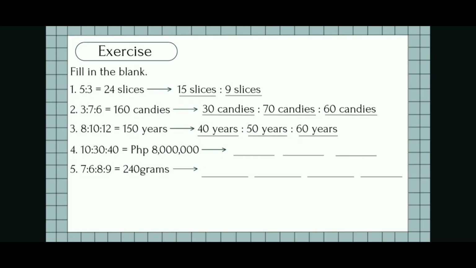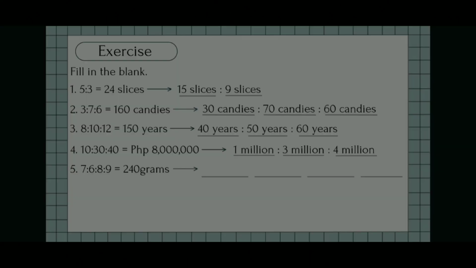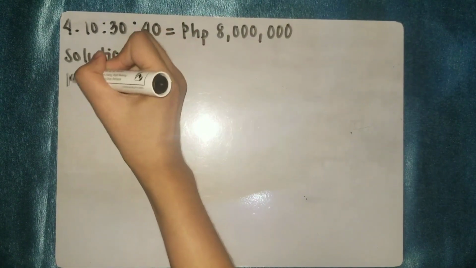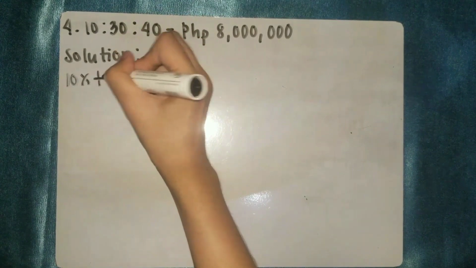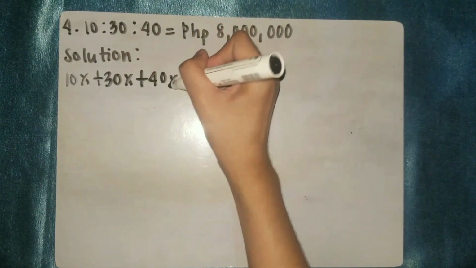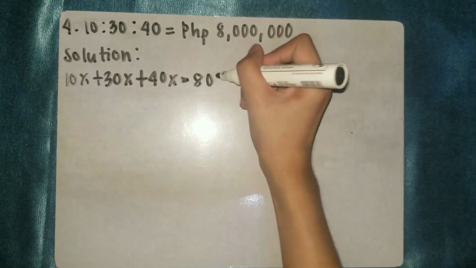Number 4. 10 is to 30 is to 40 equal 8 million pesos. The answer is 1 million is to 3 million is to 4 million. Solution. Let's make this 10x plus 30x plus 40x equal 80x.